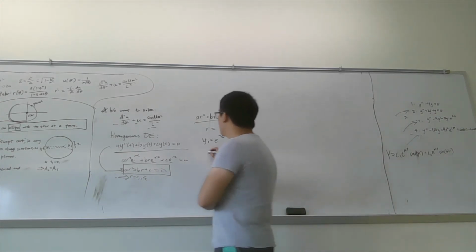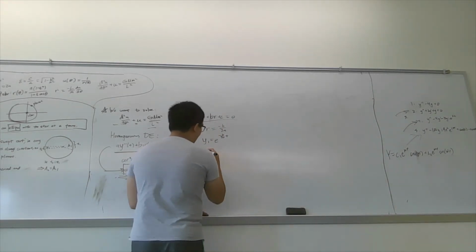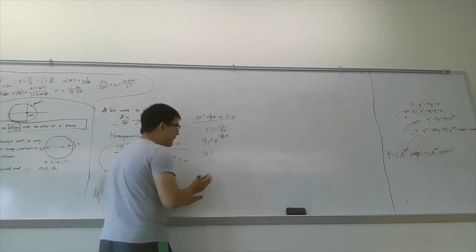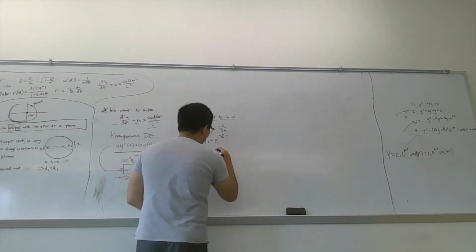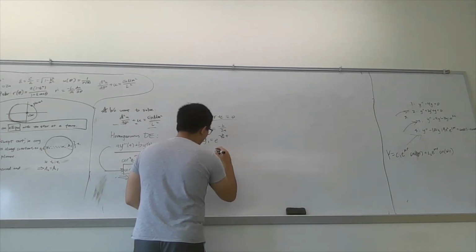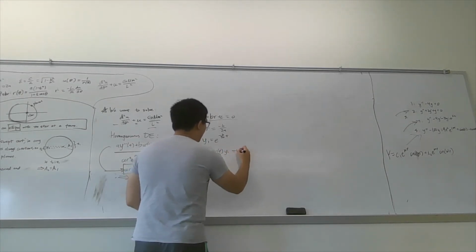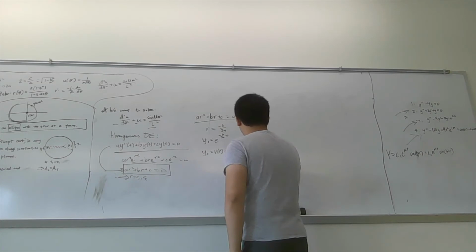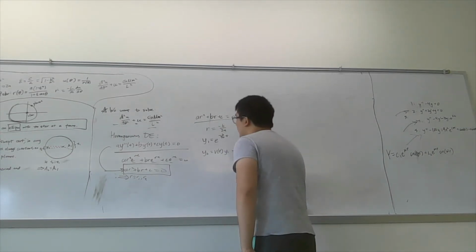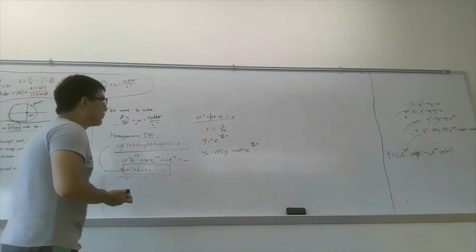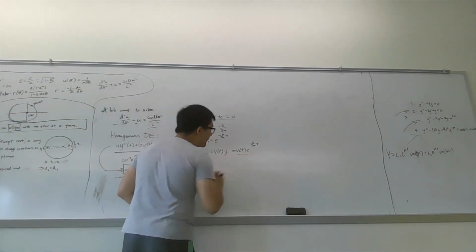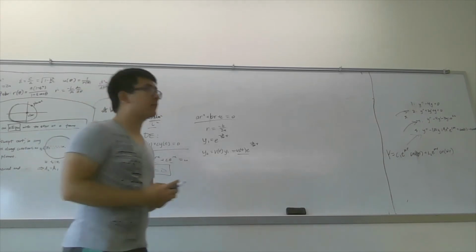What reduction of order does is assume that there exists another solution to your differential equation that is simply a solution that you already know times some function. So that would be v times e to the negative b over 2a t, just the exponential function y1. And so what we have to do is find v.